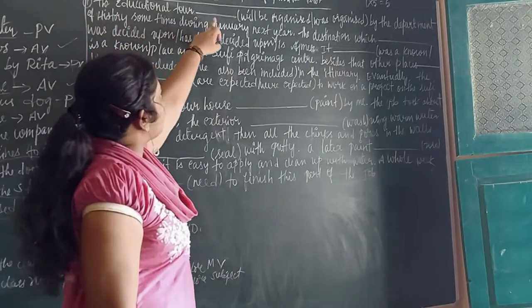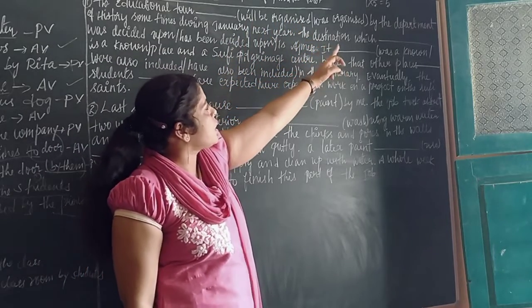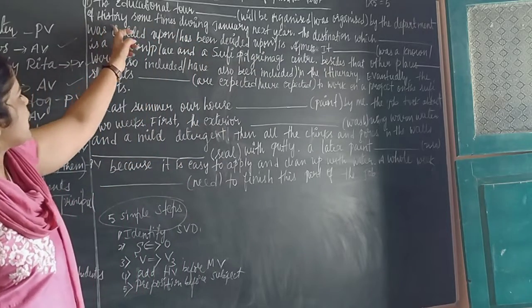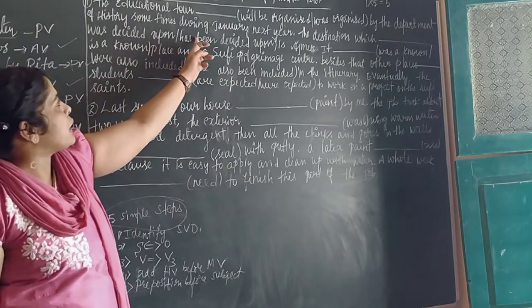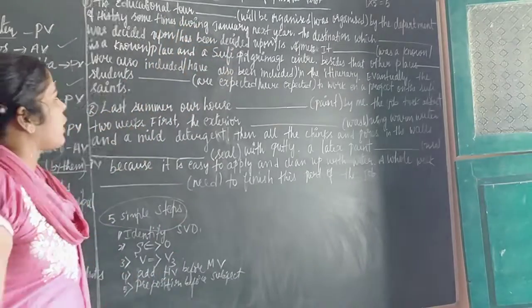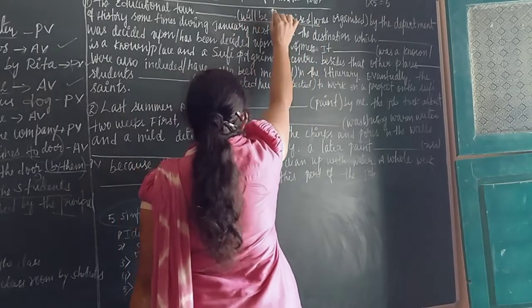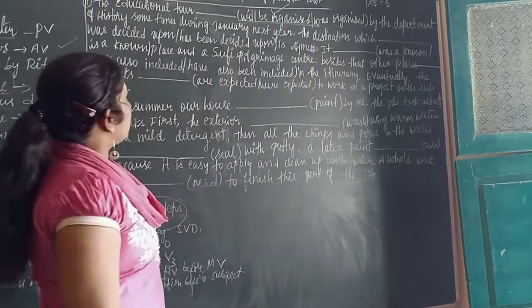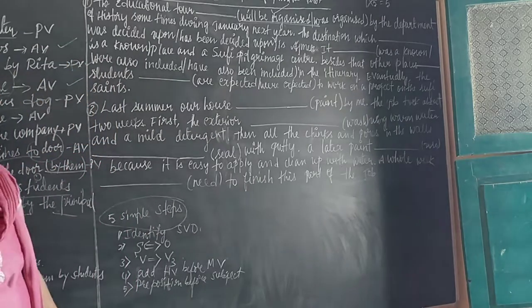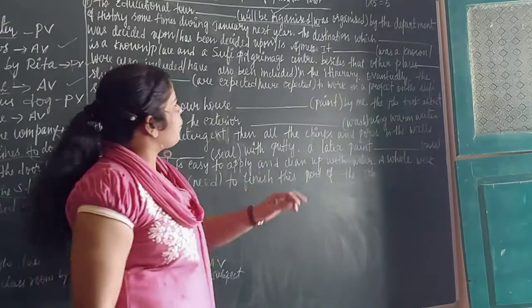Since next year is future tense, we have to choose the passive form will be organized. The educational tour will be organized by the Department of History sometime during January next year.